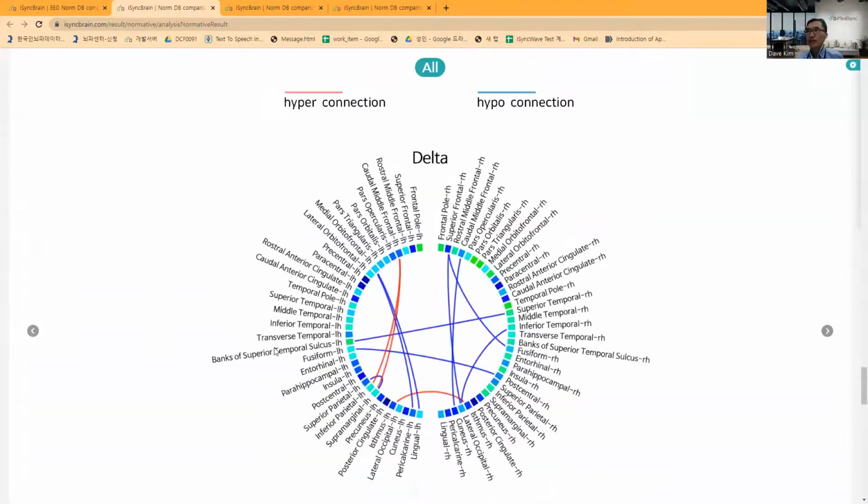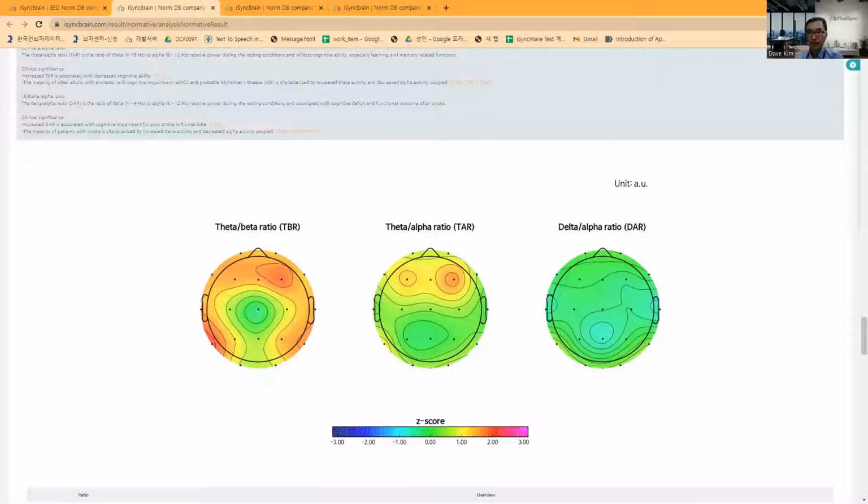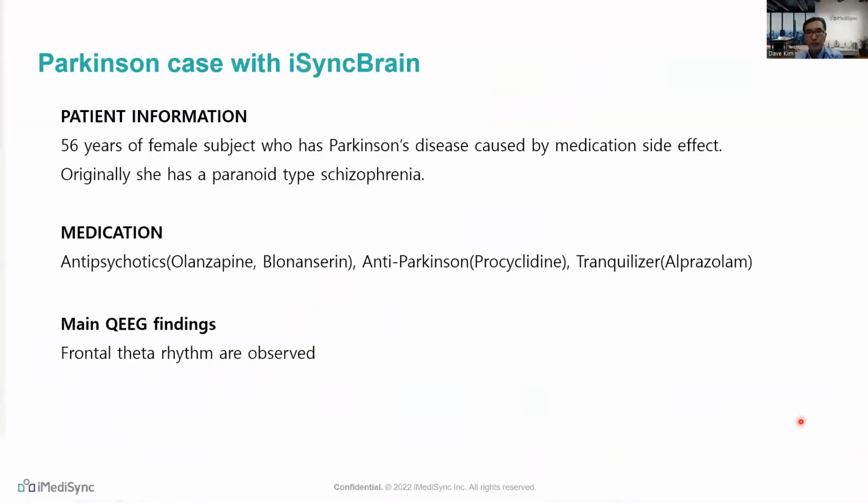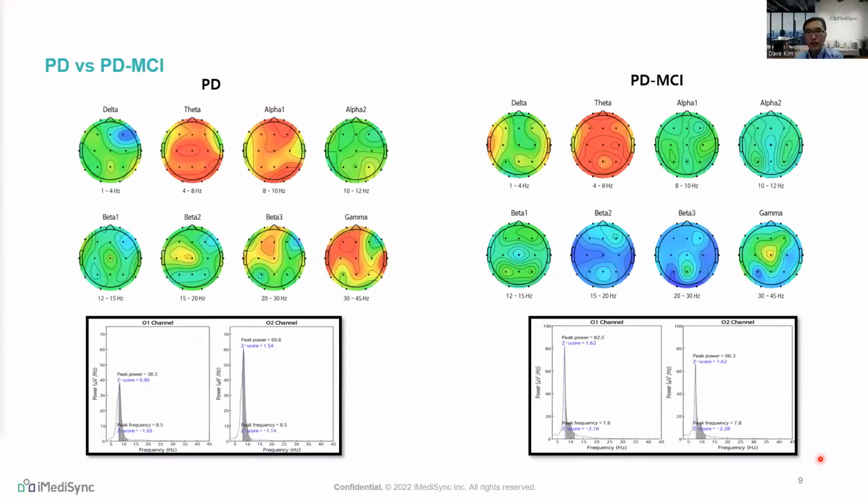At this point, I'd like to introduce another Parkinsonism in this slide. Sometimes Parkinsonism accompanies cognitive decline, Parkinson disease with MCI.